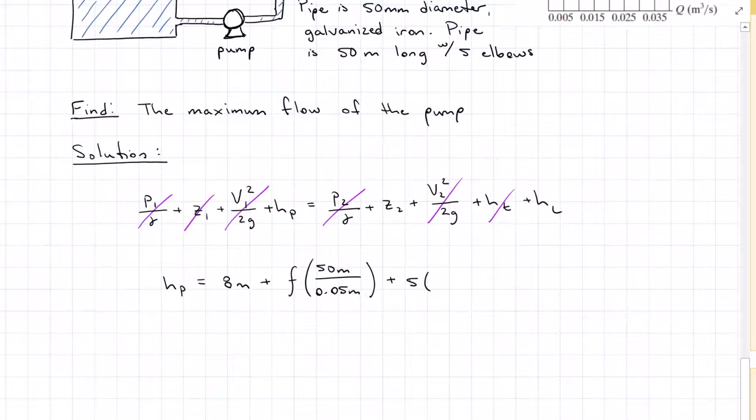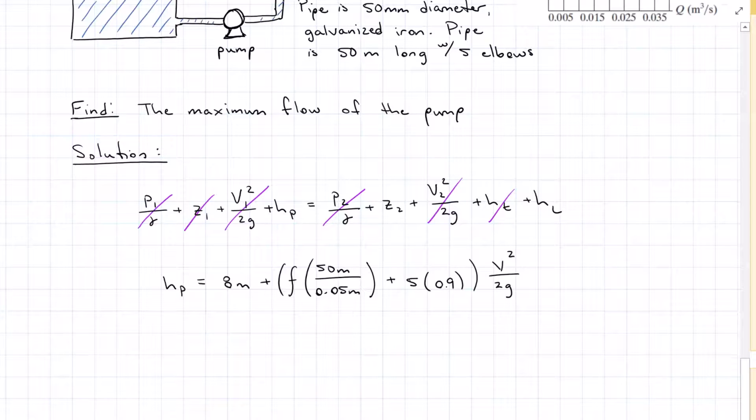My pipe has 5 elbows, so going back to chapter 10, I find that my KL factor for an elbow is 0.9, so I'm going to have 5 times that. Then all of my coefficients here for major and minor losses, I'm going to multiply to velocity head V squared over 2g.